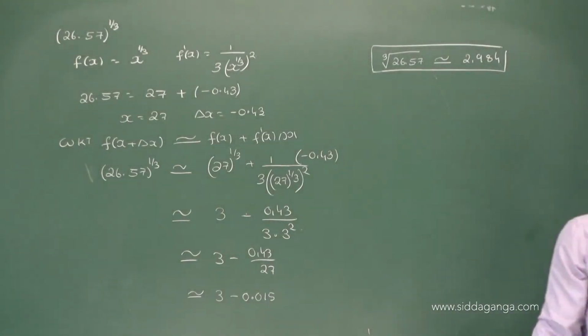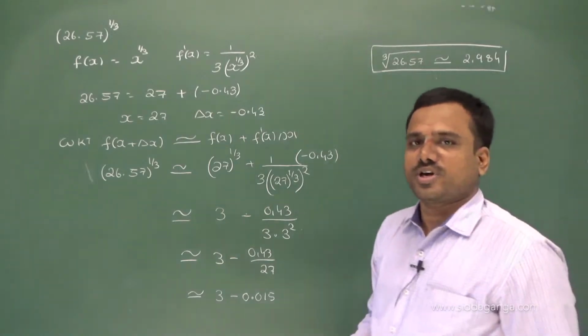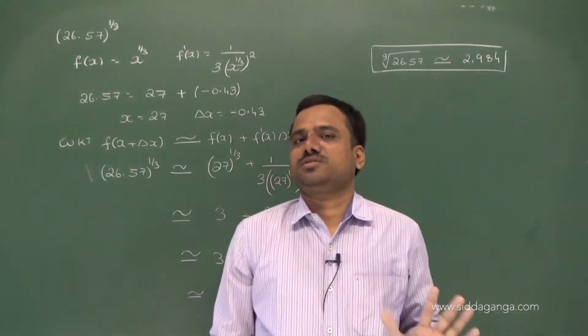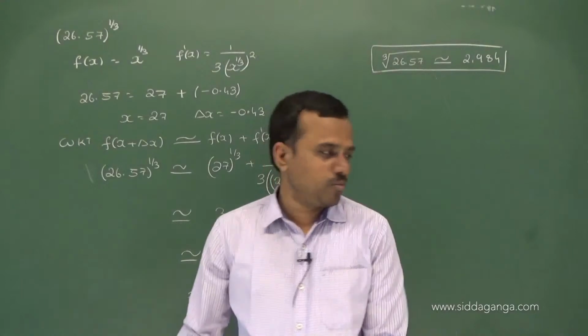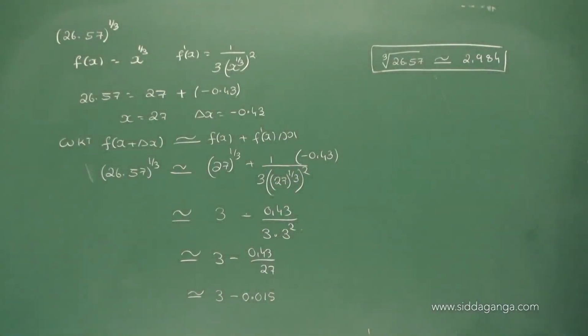Approximately equal to what? 2.984. I think you clear the concept. Yes, now. So we take one more problem.